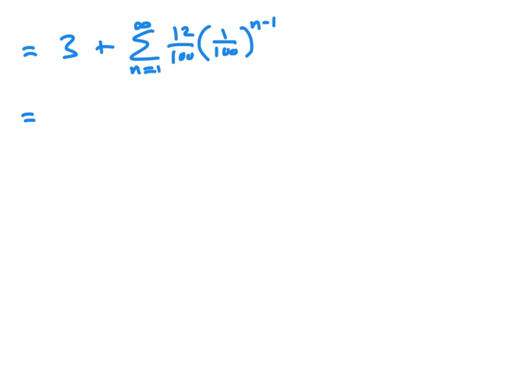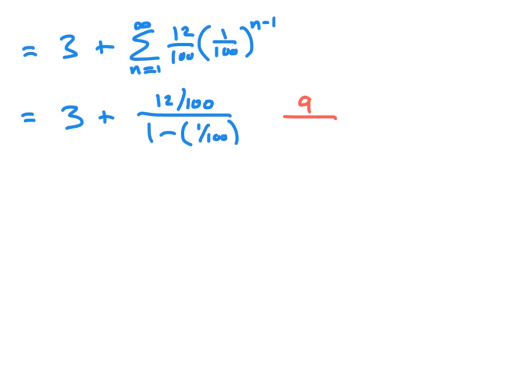Continuing on with this calculation, we're going to have 3 plus the value of a, which is 12 over 100, divided by 1 minus r, which will be 1 minus 1 over 100. So this is just the particular geometric series we have here, utilizing our a over 1 minus r formula. And we can simplify all of this.